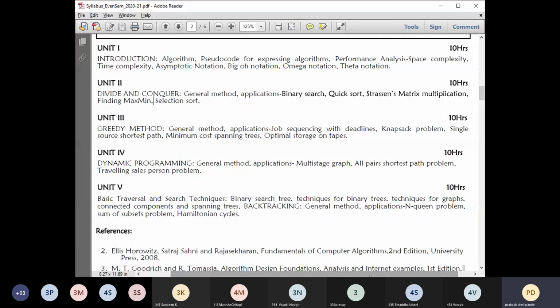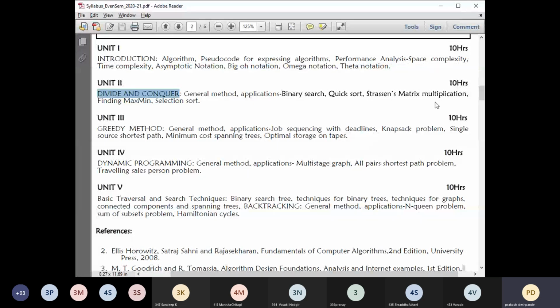Addition and subtraction on a matrix is very easy, whereas multiplication is difficult. Do you agree, students? Multiplication on matrices is really difficult. To solve matrix multiplication, there was a computer scientist called Strassen. He devised a particular technique, an algorithm, and to devise that algorithm he used the divide and conquer method.